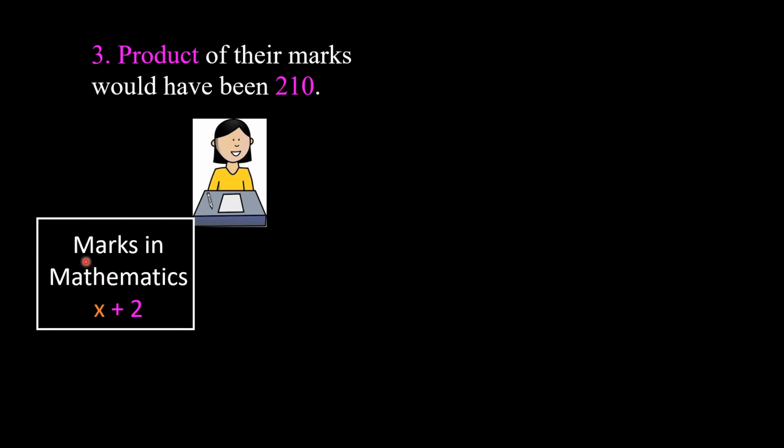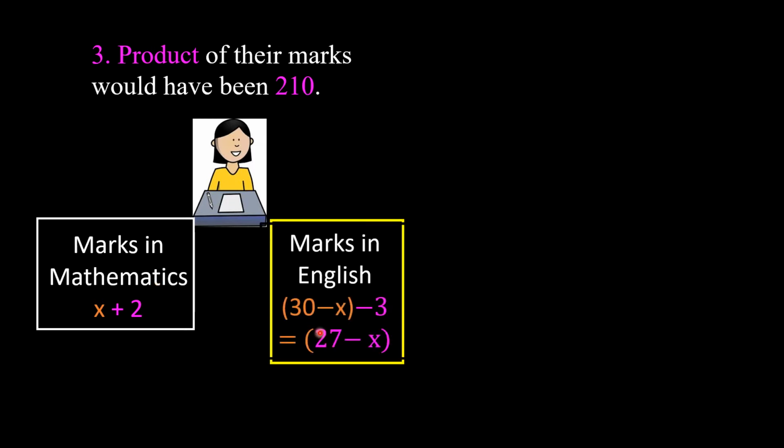Now, Shefali's marks had been x plus 2 in mathematics and 27 minus x in English. According to this third condition, we will write x plus 2 multiplied by 27 minus x equals 210.